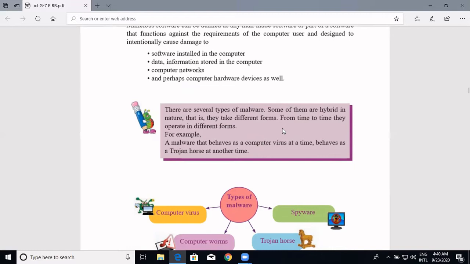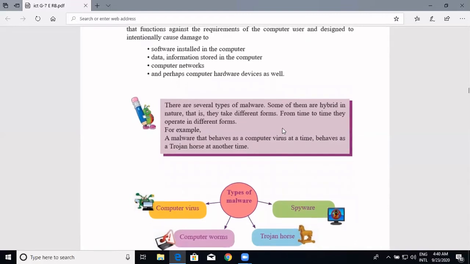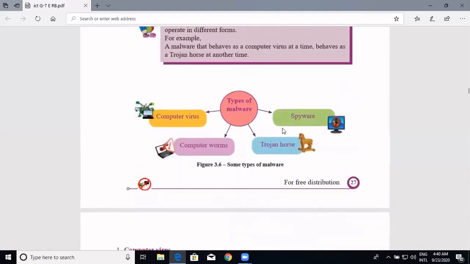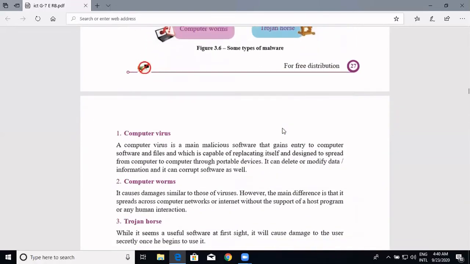I will explain what it is. A Trojan means it's kind of like a good program helping you, right? So it's of hybrid nature, and sometimes it's very hard to identify what it really is, right? So there are different types of malware. Four have been given: virus, worms, Trojan horse, and spyware. So we'll see what these things are.